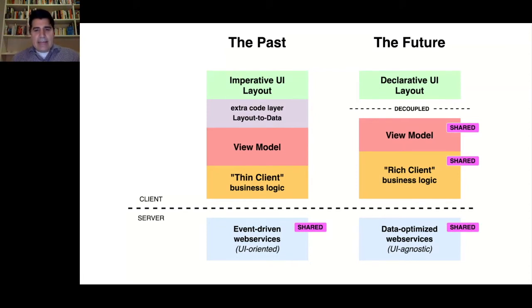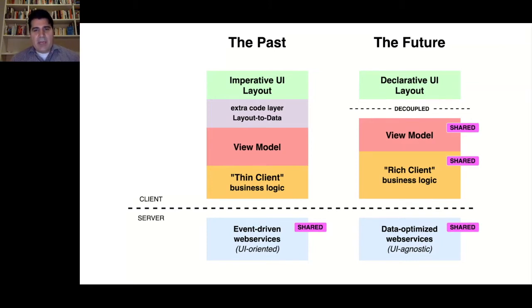Another interesting concept is that in the past, any business logic in the client that you wanted to share, you had to replicate for as many platforms as possible, for all the platforms that you would use.